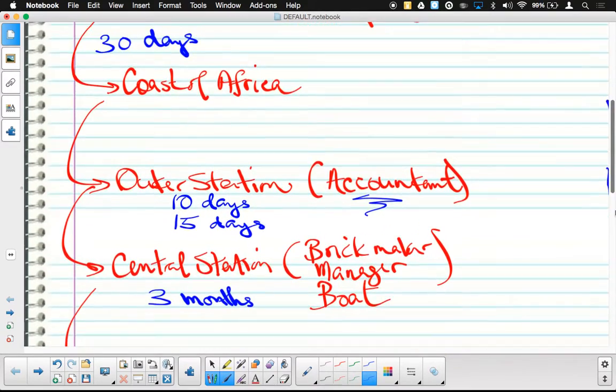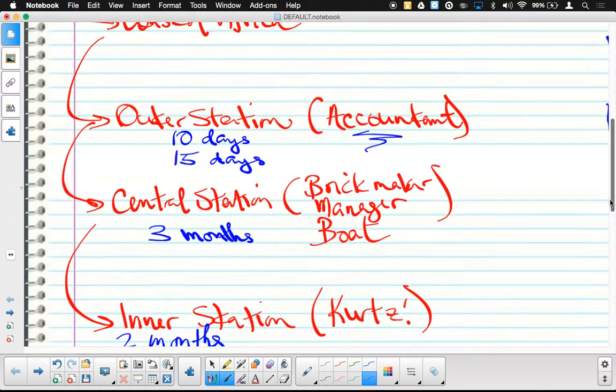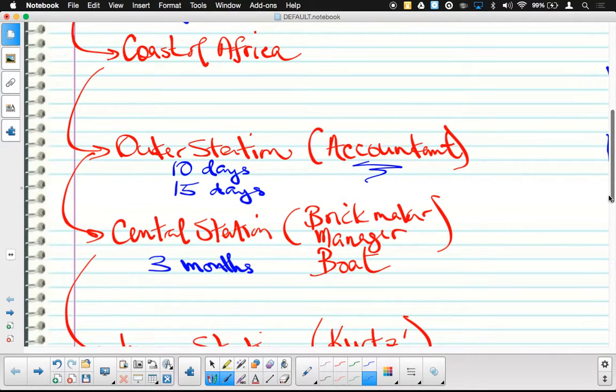Sure, you've got deaths of natives all over the place, whether it be at the inner station where Kurtz is, and you'll get an idea of how many deaths he's responsible for as you learn more and more about him. When he gets to the outer station, I believe on page 82, there's a death grove where he sees a bunch of the workers, who we know really are slaves at this point, dying.